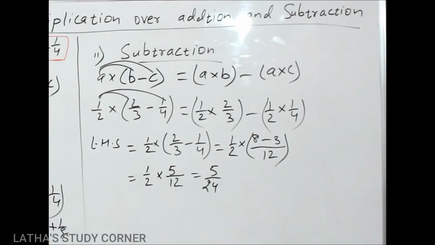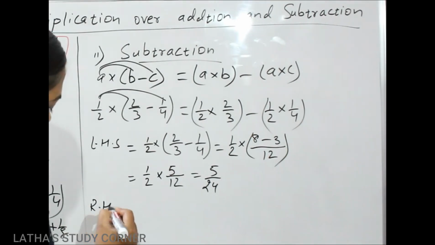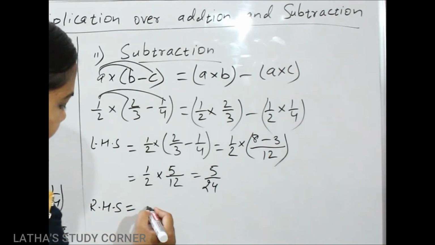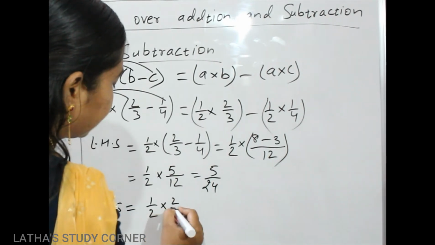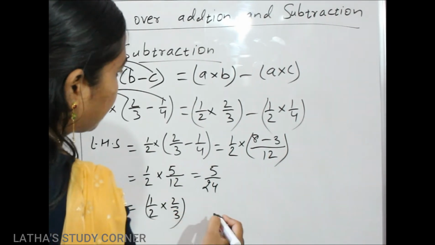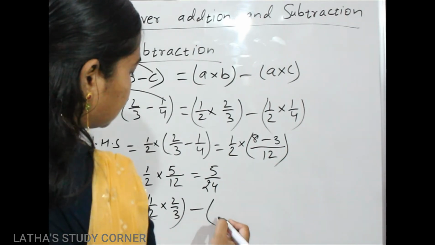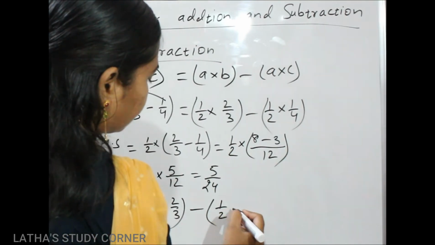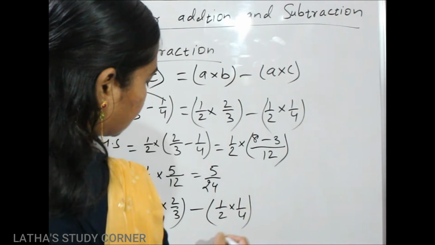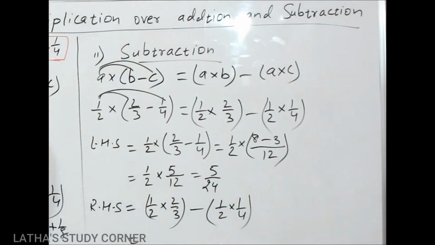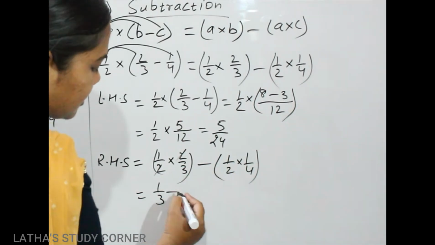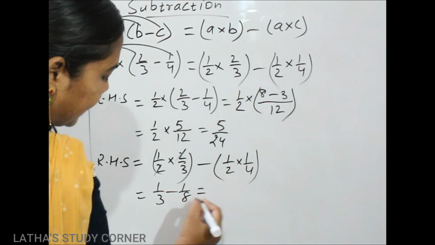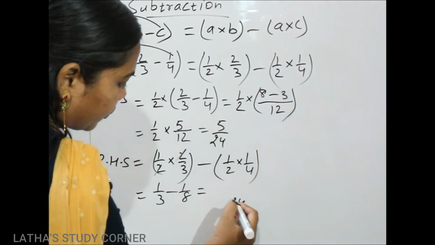Now let's check the RHS value. RHS is A into B, 1 by 2 into 2 by 3, minus A into C, 1 by 2 into 1 by 4. So in A into B, the 2 cancels, 1 by 3 minus this is 1 by 8. LCM of 3 and 8, 24.